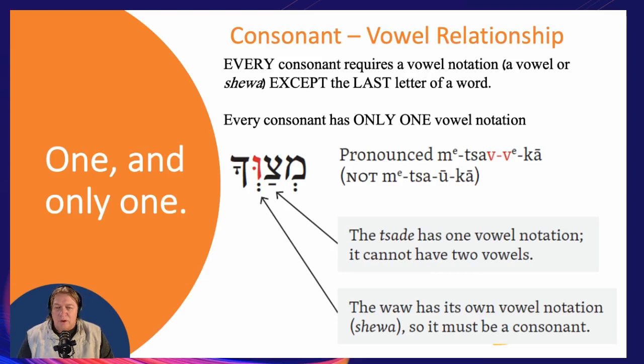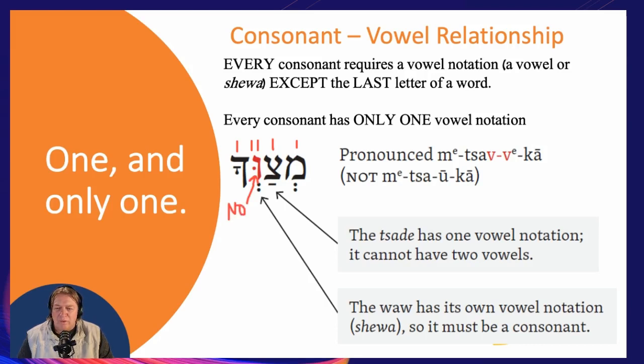On this particular slide, we know that the consonants for this word are a mem right here, a tsade, two vavs and the final kaf. So there are actually five characters that make up this word, metsavecha. It's not metsauka. This is not a shureq. Not a vowel.